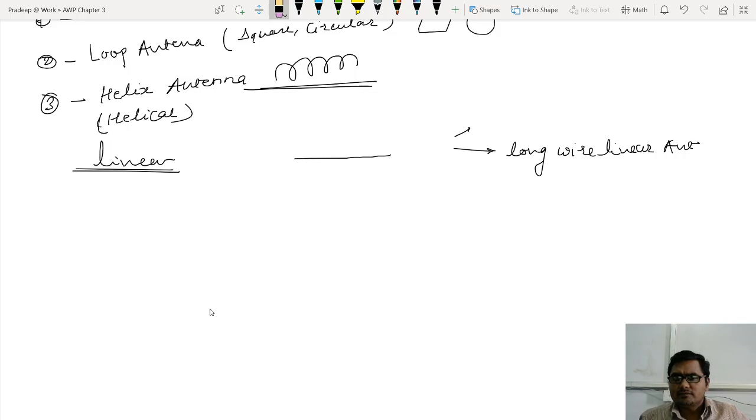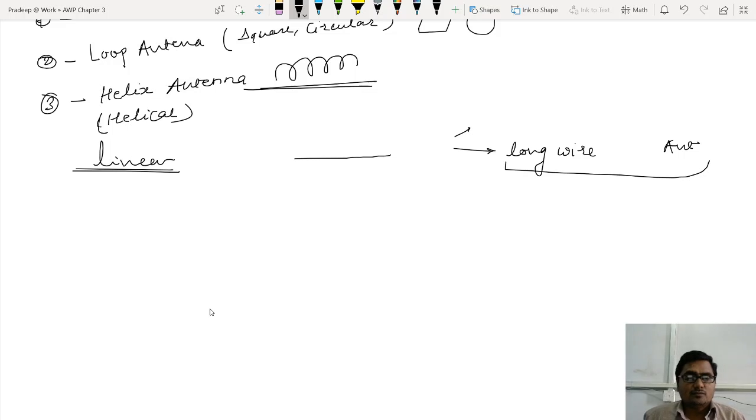Okay, it is only a long wire antenna, it's not linear, because if I want to form linearity, I need to provide a ground over there. So instead of unnecessarily increasing the confusion, I will conclude it as a long wire antenna.